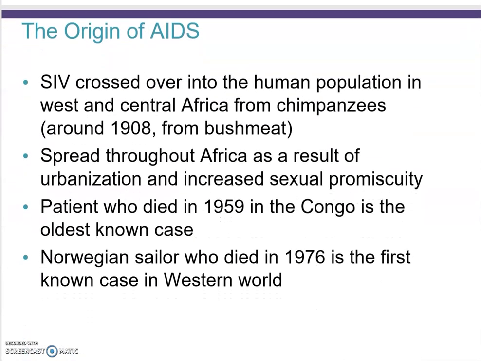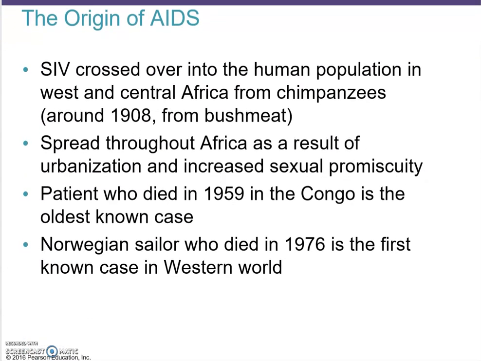So here a little bit on the origin of AIDS. It started to be zoonotic. That means it crossed over from monkeys to the human population. And that supposedly happened around 1908. It spread throughout Africa as a result of urbanization and increased sexual promiscuity. There's not that much information about it out there.